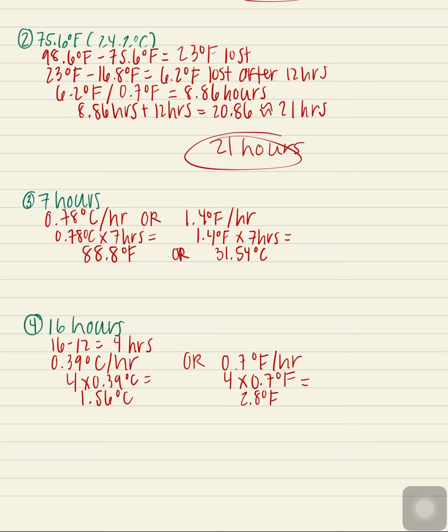So in Celsius world, that's going to be the 9.4, so we're going to do 9.4 degrees Celsius plus 1.56 degrees Celsius. And in this problem, we are going to take the 16.8 plus 2.8 Fahrenheit, sorry.